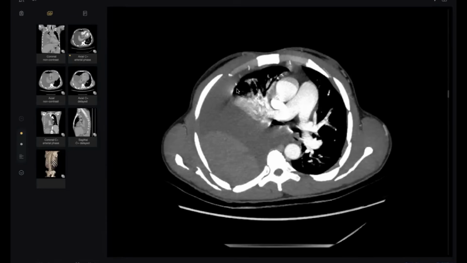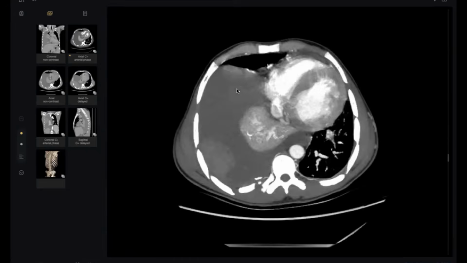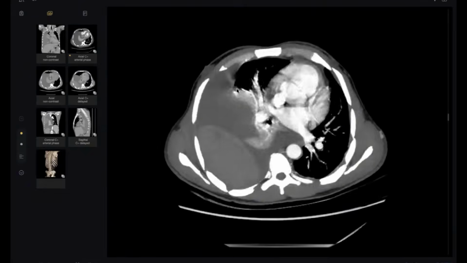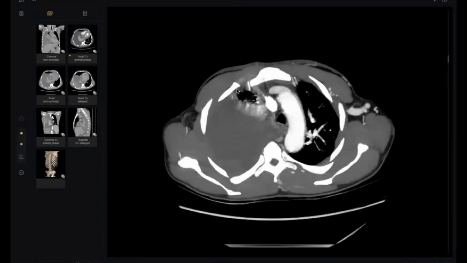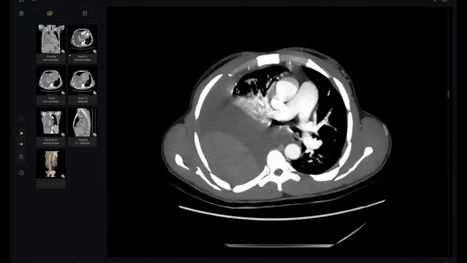So the patient presented with seizures, and there is a large pleural effusion and a right chest wall high density structure. So I'm thinking about chest wall hematoma on the right side. How could you confirm? In my routine practice, I will measure the density of this structure, and also I will look if there is any adjacent rib fracture.